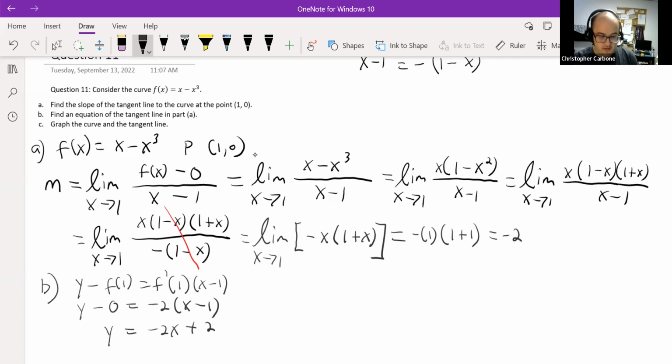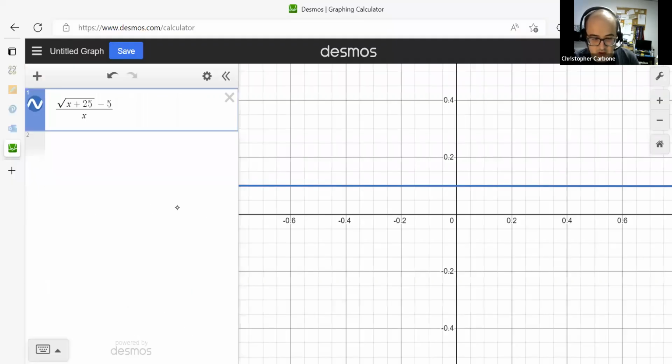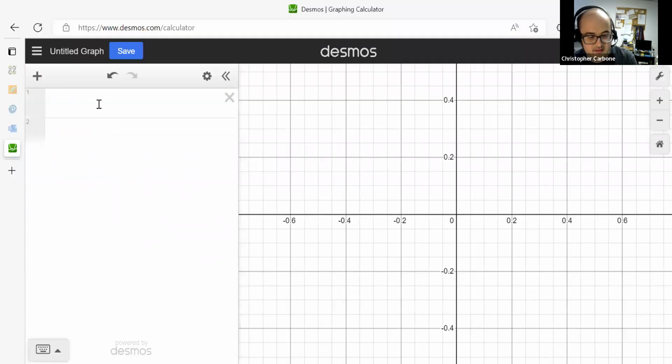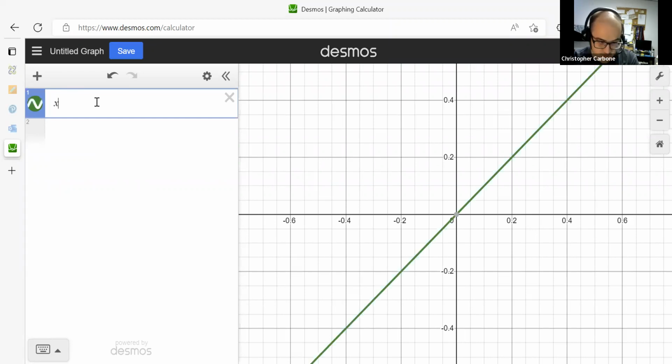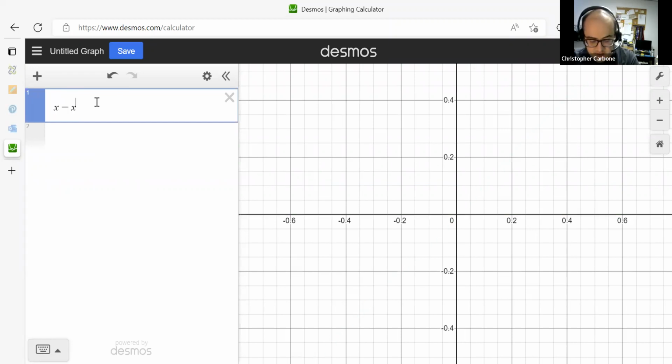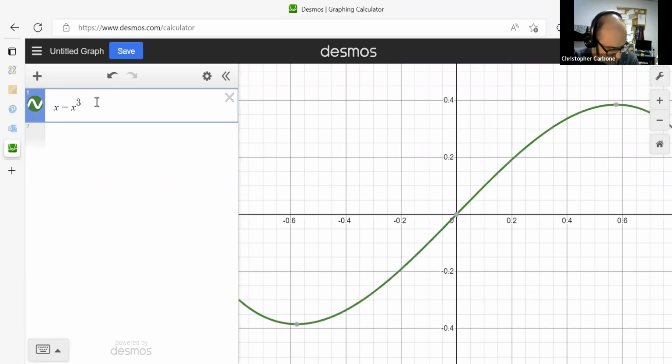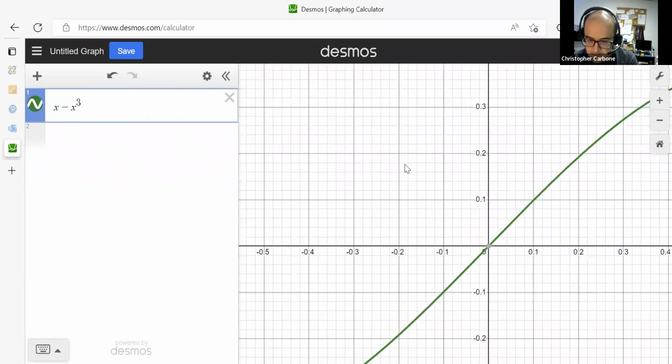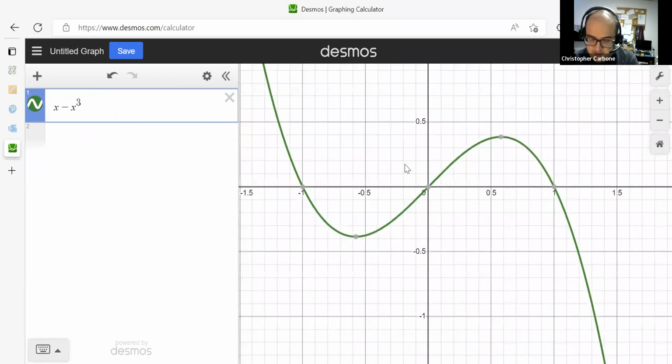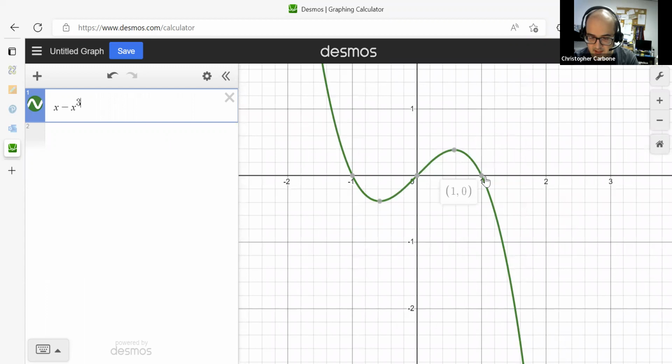And then for part C, they want to graph the curve and its tangent line. So just so we could see that specifically, let me pop this open into Desmos. Based on our original function, x minus x cubed, I need to zoom out on this, as we are based on this point over here.